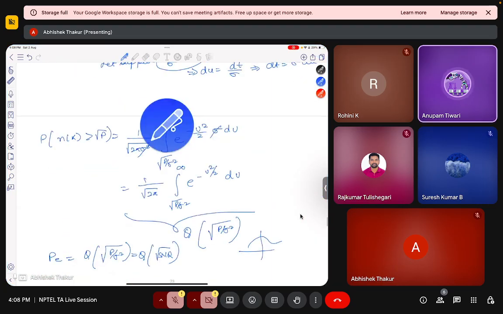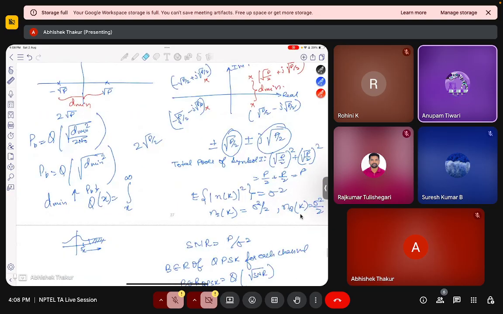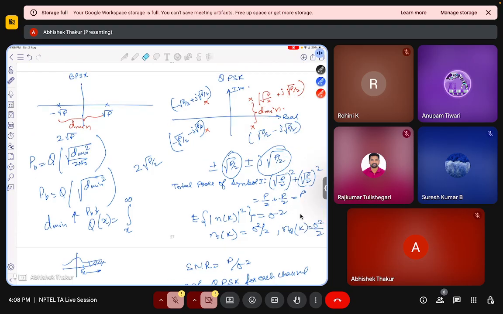So in QPSK and BPSK, in QPSK the distance is less, no sir? QPSK distance is less. So it will become root P by, so this will become 4 by 2, so it will become square root of 2P.